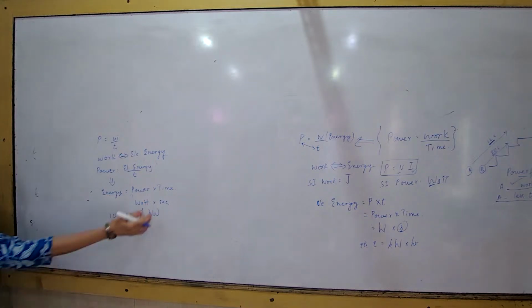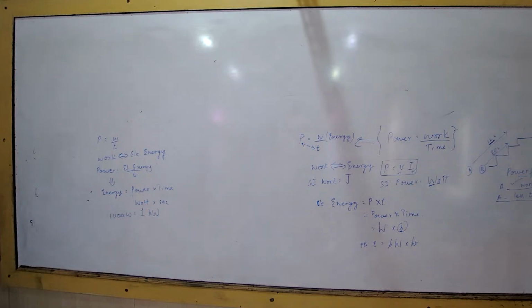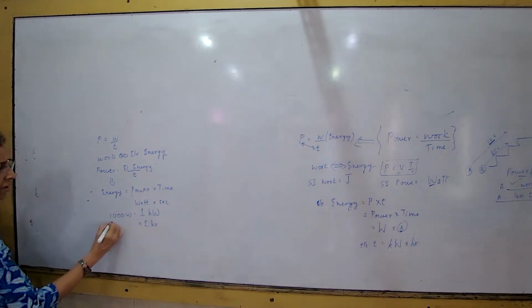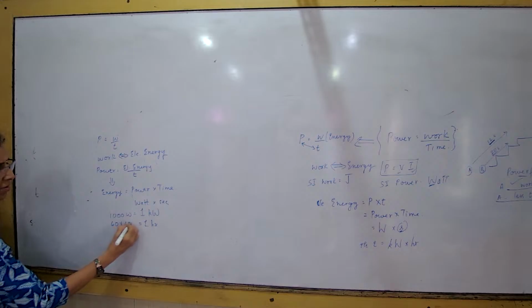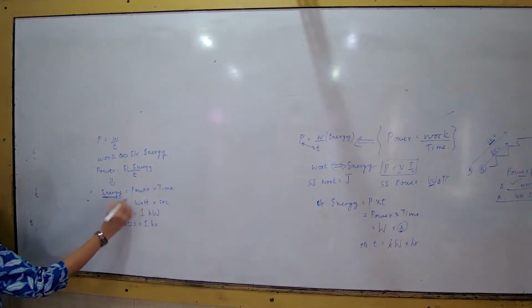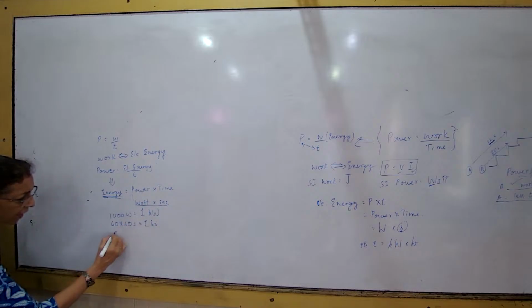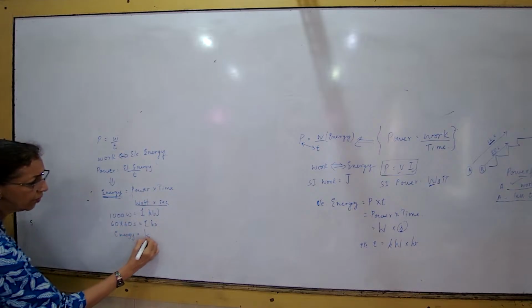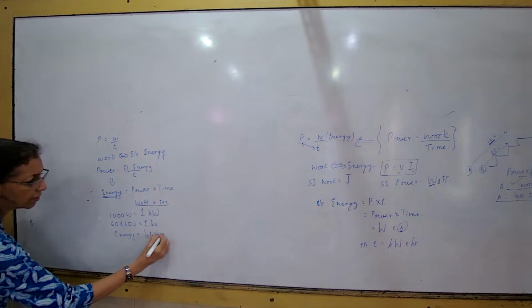And instead of writing it in seconds, I can write it as 1 hour. We know that 60 times 60 seconds will make 1 hour. So instead of writing it as watt second, energy can also be expressed as kilowatt hour.